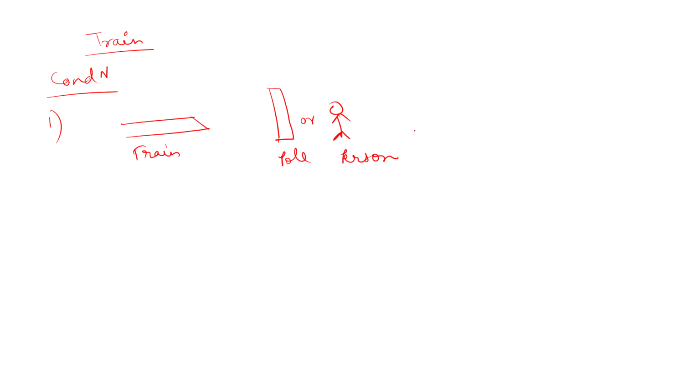There is a length of train LT and a speed of train ST, but there is no length for the pole or the person. In this condition, time is equal to distance by speed, and distance is only the length of train, so time is LT by ST. Just remember this.